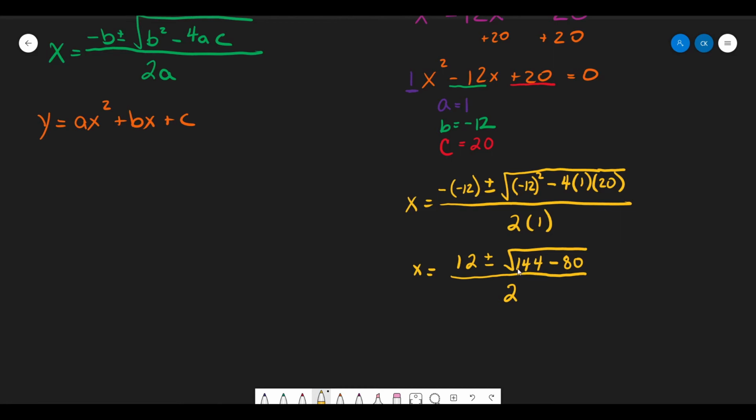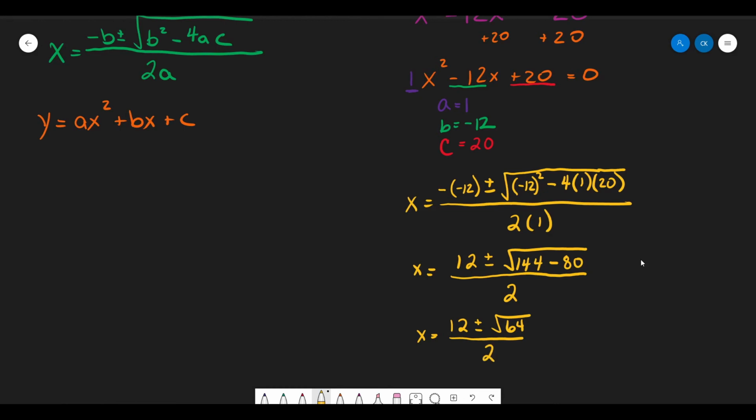Okay. Now I'm going to continue working underneath the radical. 144 minus 80 is just 64. So we have x is equal to 12 plus or minus the square root of 64 over 2.